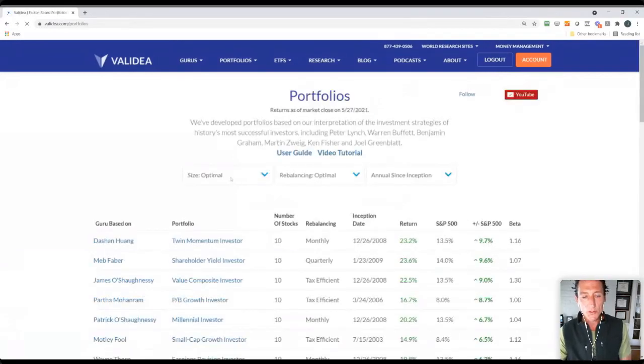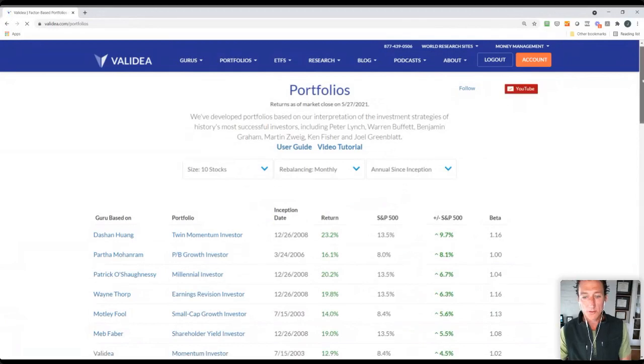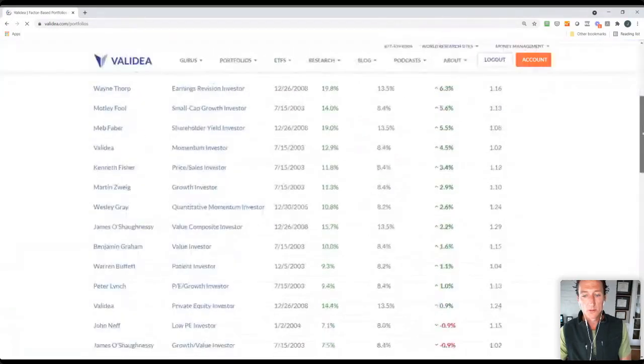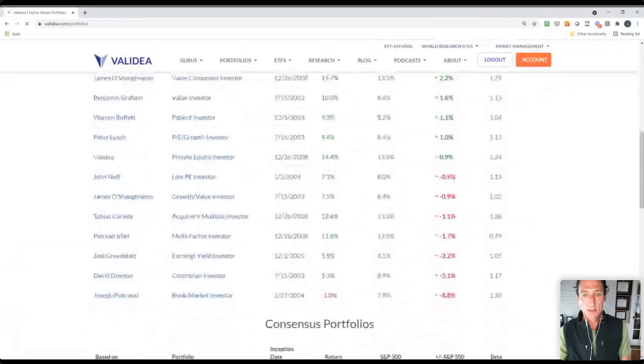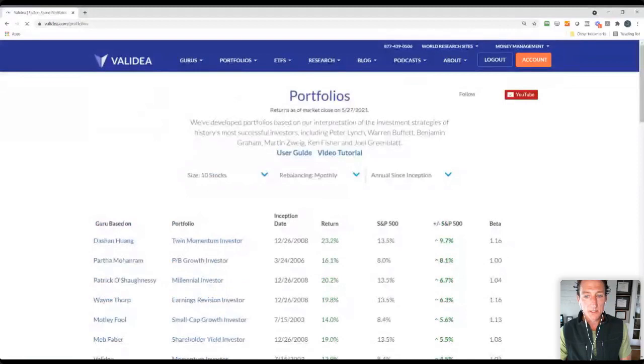So you can choose here, let's just choose 10 stocks monthly. These are 10 stock portfolios with monthly rebalance. And then you can compare that to 10 stocks annually.